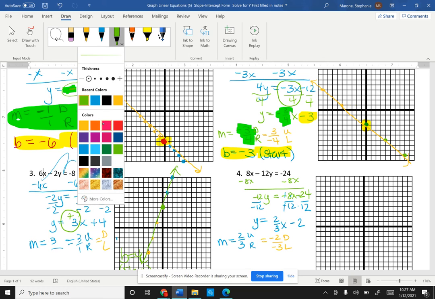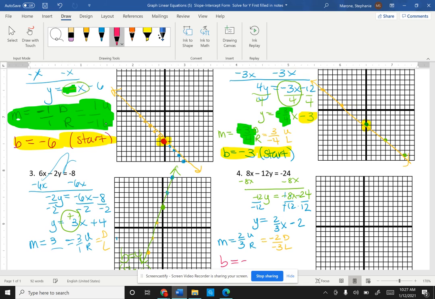The y-intercept is negative 2. So that's where you start. And then with the slope, we can go up 2 and to the right 3, or you can go down 2 and to the left 3.